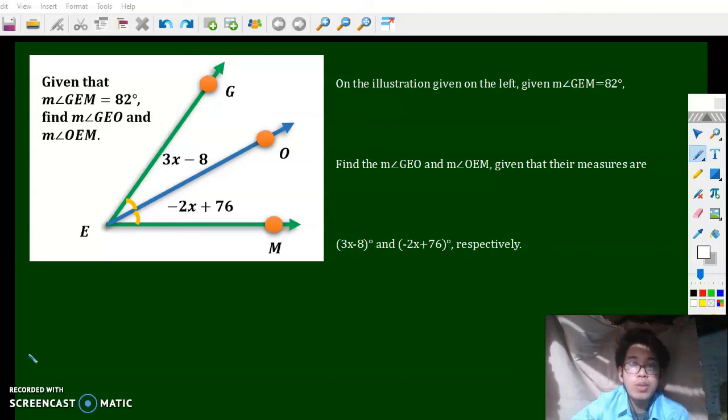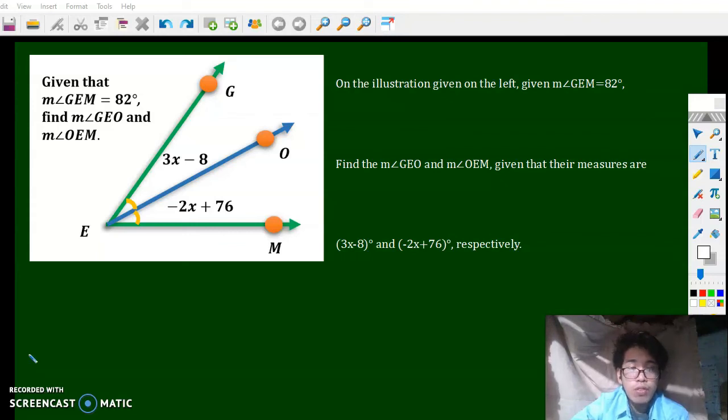The measurement of angle GEO is (3x - 8) degrees, and for angle OEM we have (-2x + 76) degrees. So we have those two measurements for those two smaller angles.